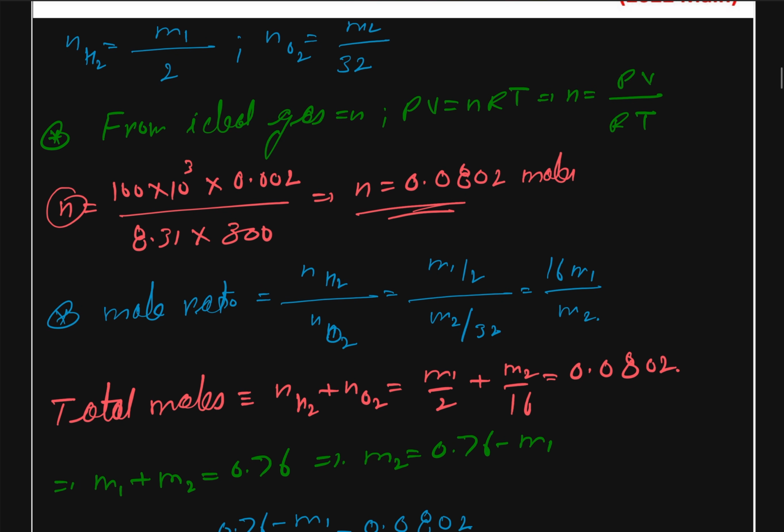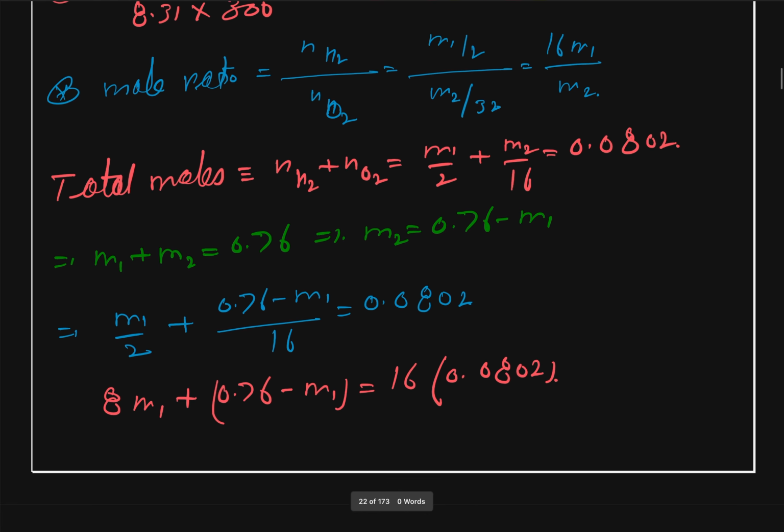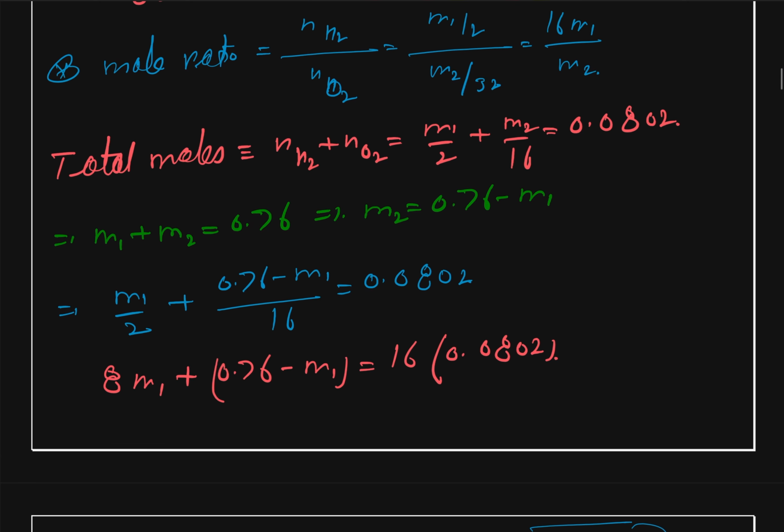So n is our 0.08. So this is our 32. My mistake.